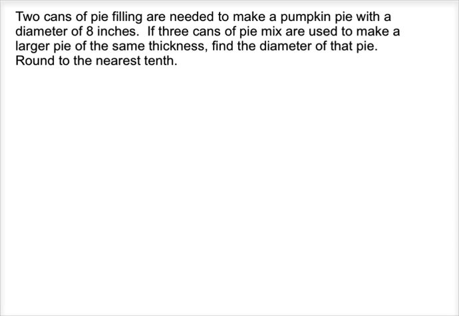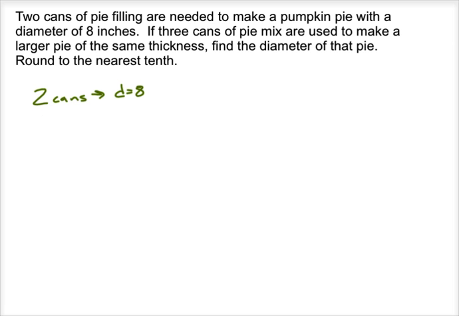So let's see. 2 cans of pie filling are needed to make a pumpkin pie with a diameter of 8 inches. So I'm thinking of 2 cans gives me a diameter of 8 inches. If 3 cans of pie mix are used to make a larger pie of the same thickness, find the diameter of that pie.